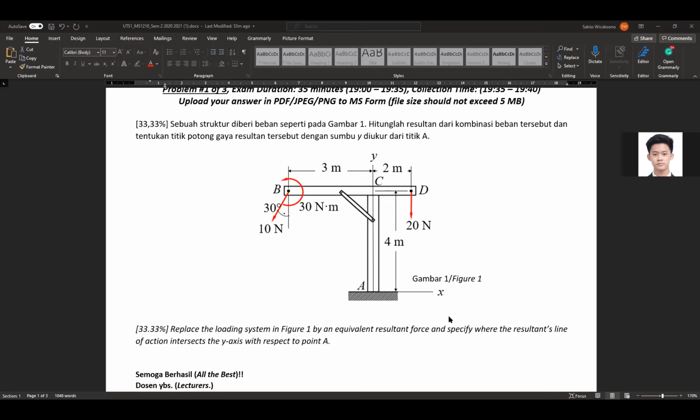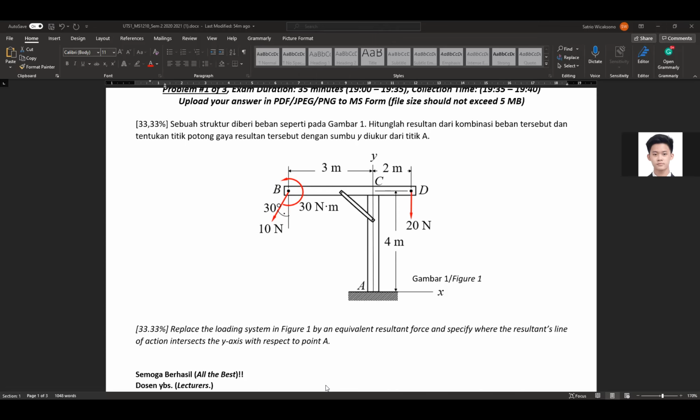Oh, so we can directly move it and then calculate, because it's a moment, the total moment. It's when it's stated there is 30 Newton meters, it means that 30 Newton meters is anywhere in the structure, but it's not in the form of force. So it's conserved throughout the whole body, right, sir?